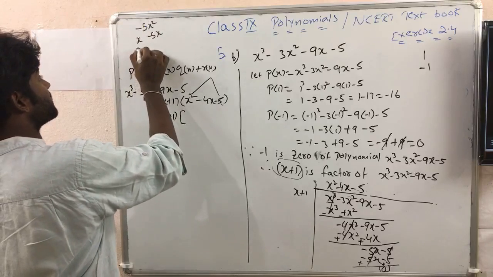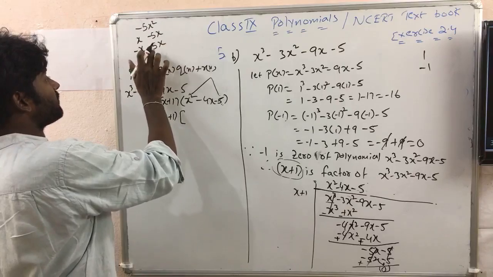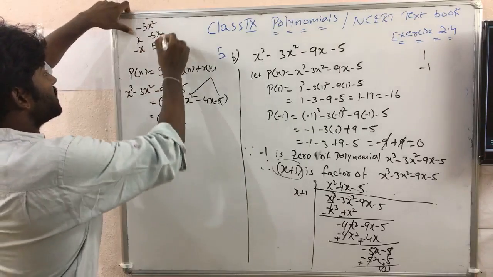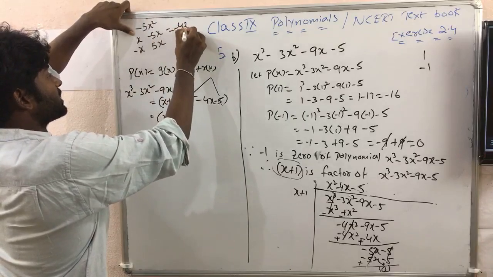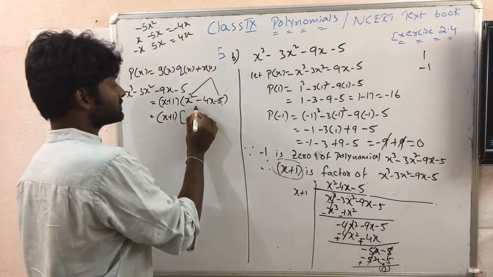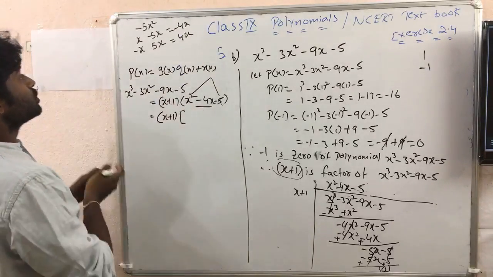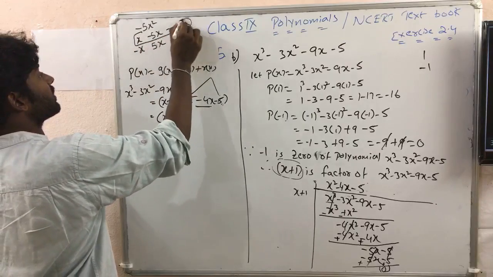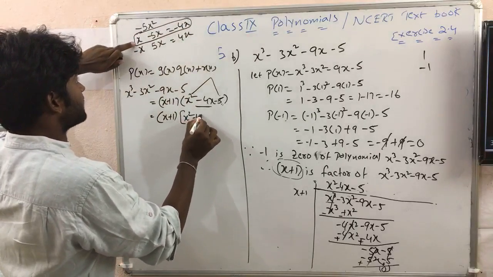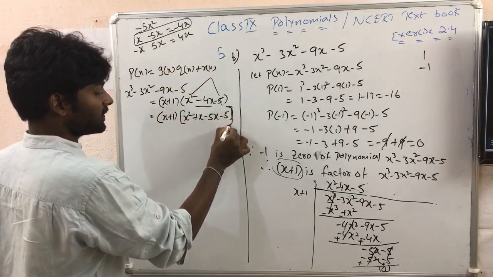Again I can write this as minus x plus 5x. But if I add these, I get plus 4x. But what is the middle term here? Minus 4x. That means we have to get minus 4x here, so we have to split it as x square plus x minus 5x and minus 5.